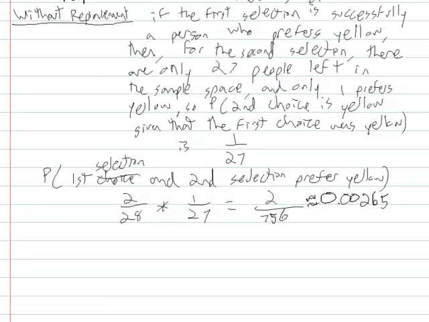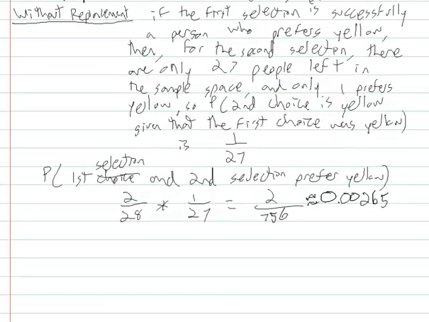Okay. Now that was without replacement. We select the first person, and suppose her name is Jennifer. Then Jennifer is no longer available as a possibility. So there's only 27 people left in the sample space for the second selection, and only one of them is yellow. Now, if we make this selection with replacement, meaning we draw the name out of the hat, we look at it, we read it, and then we put it back in, well then whoever was selected first could be selected again.